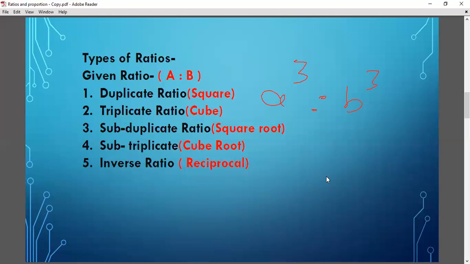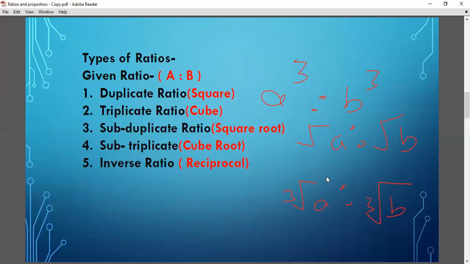So in subduplicate ratio, you need to take the square root of all the individual values. So this will become root A is to root B. For the fourth one, subtriplicate, you need to take the cube root of all individual values. So this becomes cube root of A is to cube root of B.